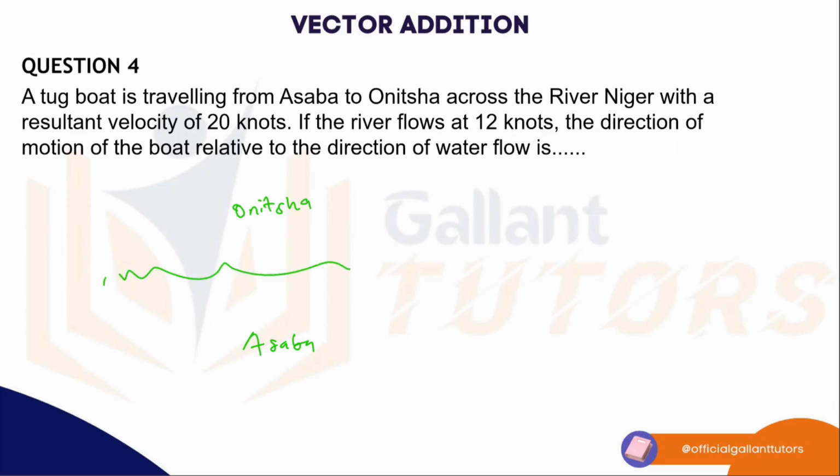Since they said they cross the river. Look at it here. They said a tugboat is traveling from Asaba to Onitsha, right? Across the river Niger, right? With a velocity of 20 knots. So the velocity of this is 20 knots.